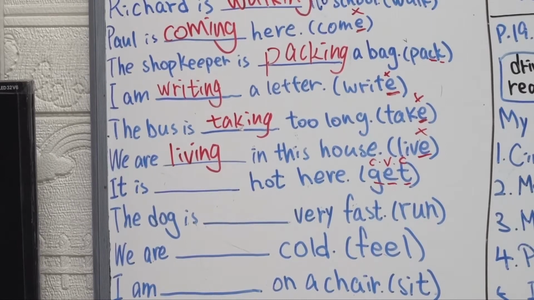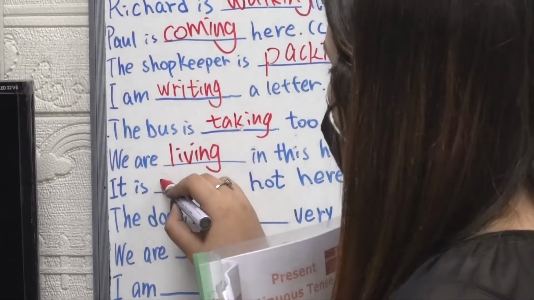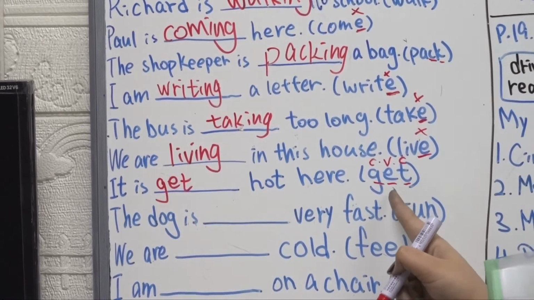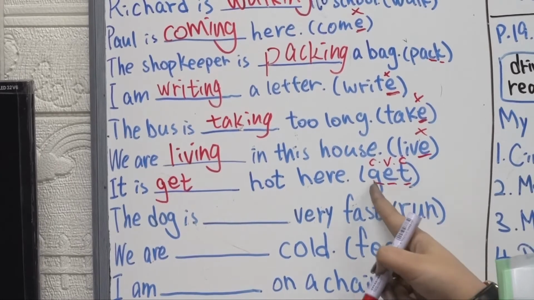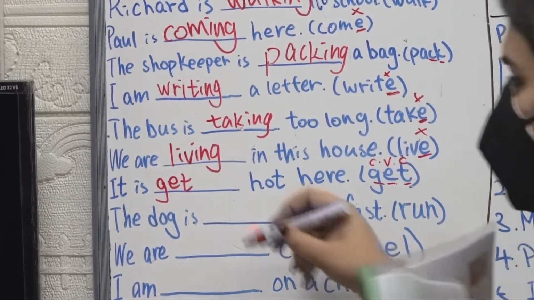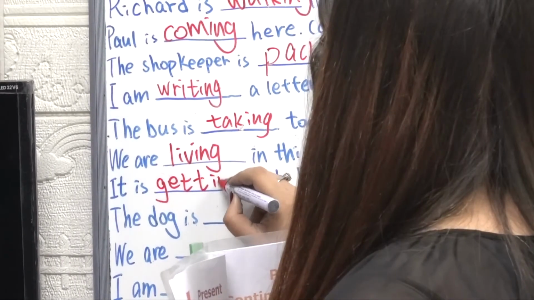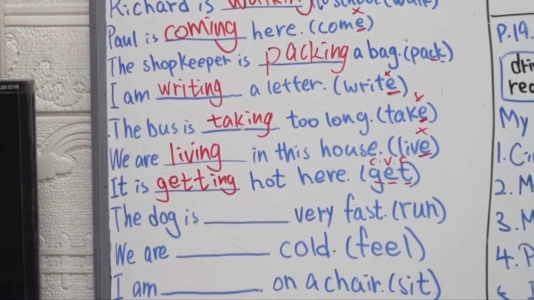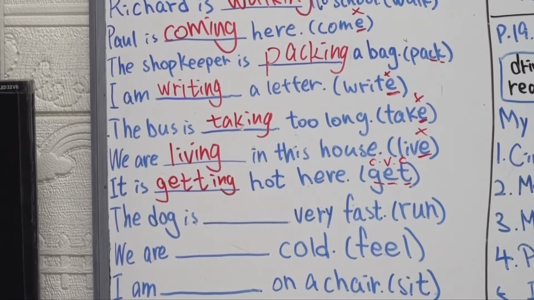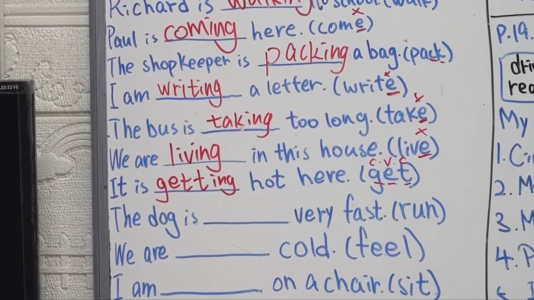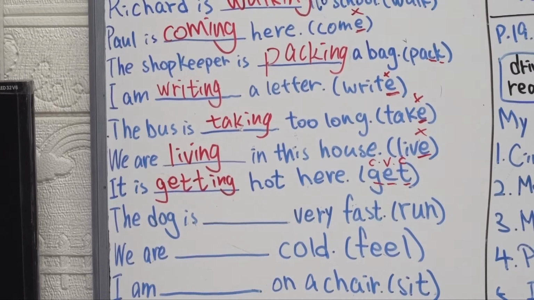So this word is formed as consonant, vowel, consonant. All we have to do is double the last letter and add ing. So get becomes getting. As it ends with CVC, consonant, vowel, consonant, we double the last letter and then we add ing. Same goes for the next one. The dog is what? Very fast. The verb I gave you is run.